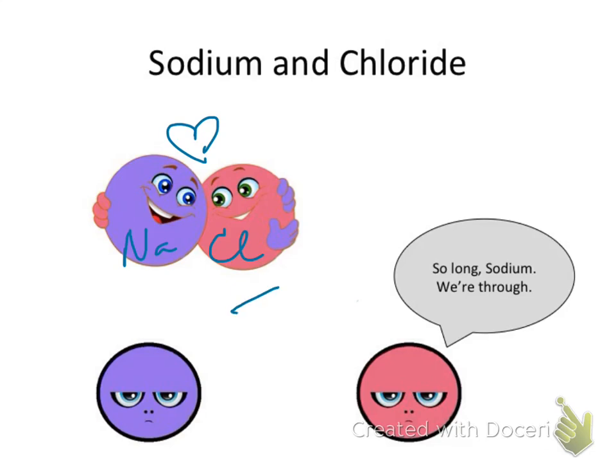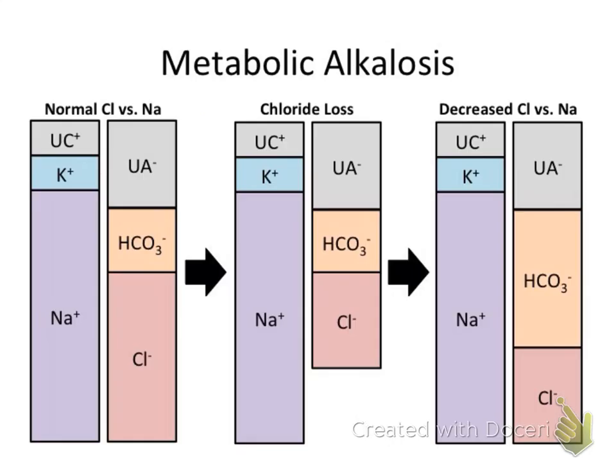However, there is one thing that can sever their relationship and cause chloride to not follow sodium, and that is an acid-base disorder. The two left bars indicate normal concentrations of cations and anions, with sodium being the predominant cation and chloride being the predominant anion.